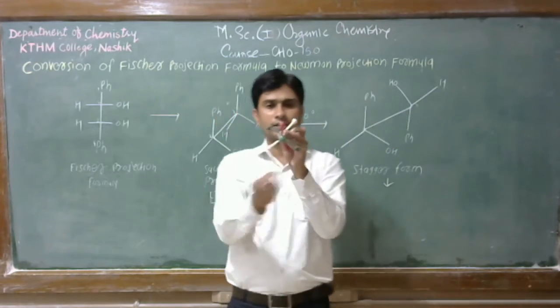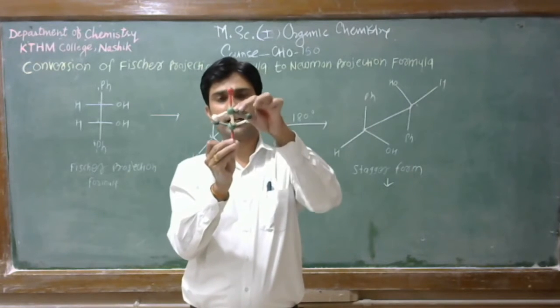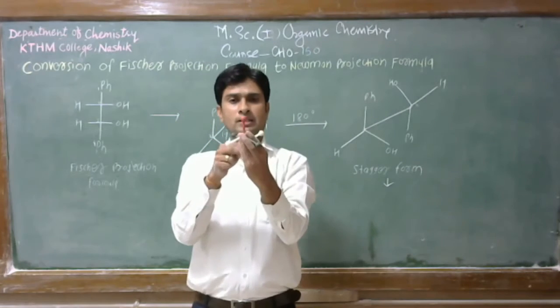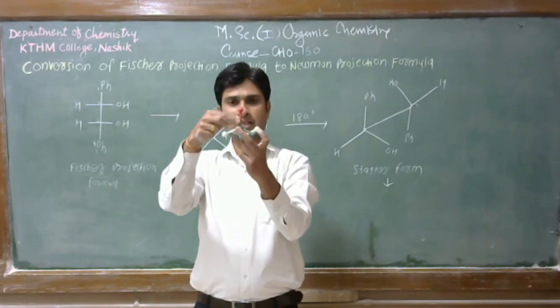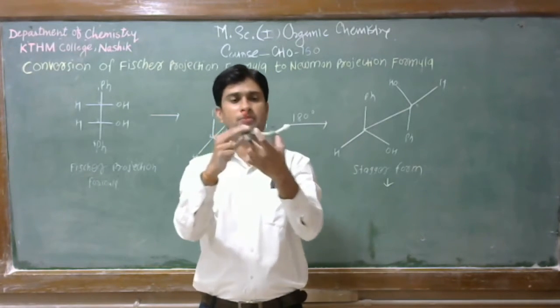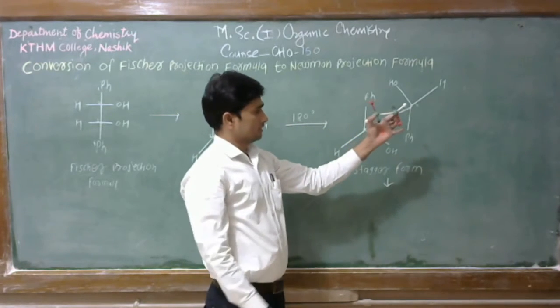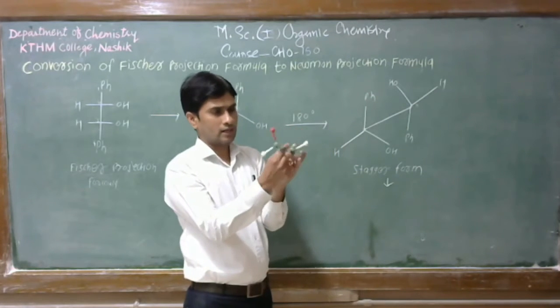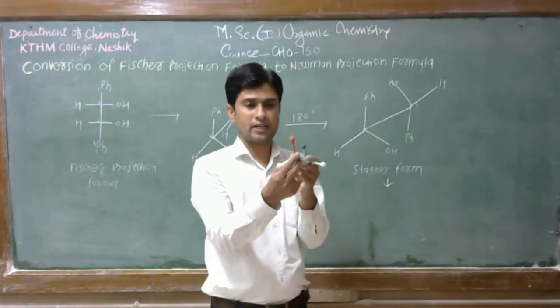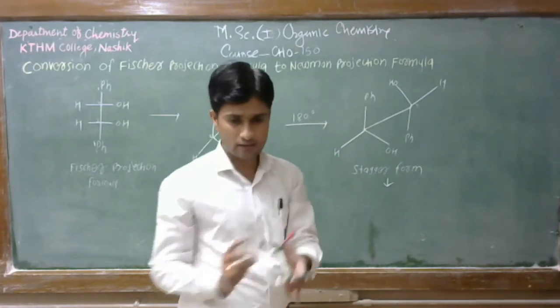See here, this is the phenyl group on the front carbon atom and this phenyl group on the rear carbon atom. If we consider this is the staggered form, then in Newman projection formula the front carbon atom is shown by the dot and the rear carbon atom is shown by the circle.